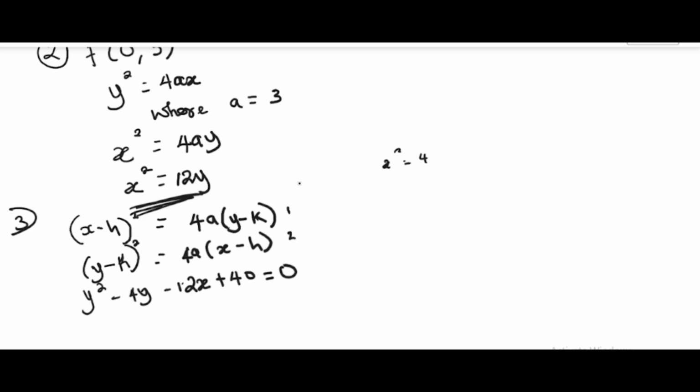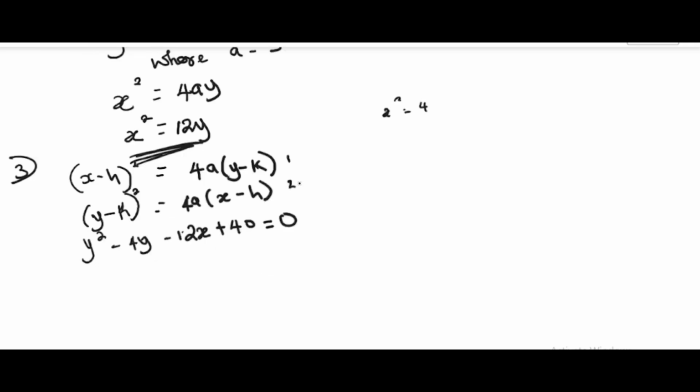That's the essence of breaking it down to its canonical form. The equation is currently in its standard form. So putting it in its canonical form, since it is on the y-axis, we are going to be completing the square for y.